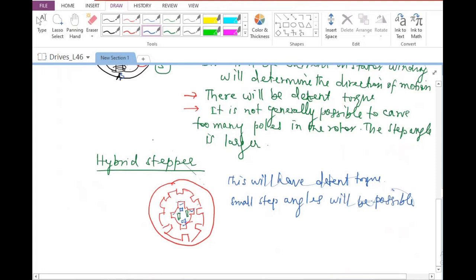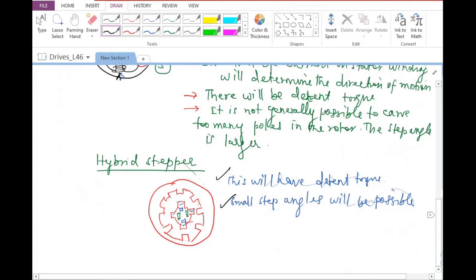You essentially eliminate the disadvantages of the variable reluctance stepper motor as well as the permanent magnet stepper motor. So you are able to have small step angles, and you will be able to have detent torque also. That is not a problem.